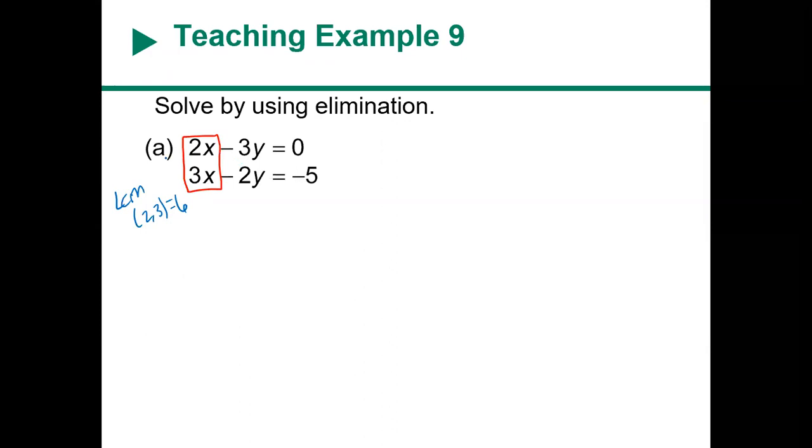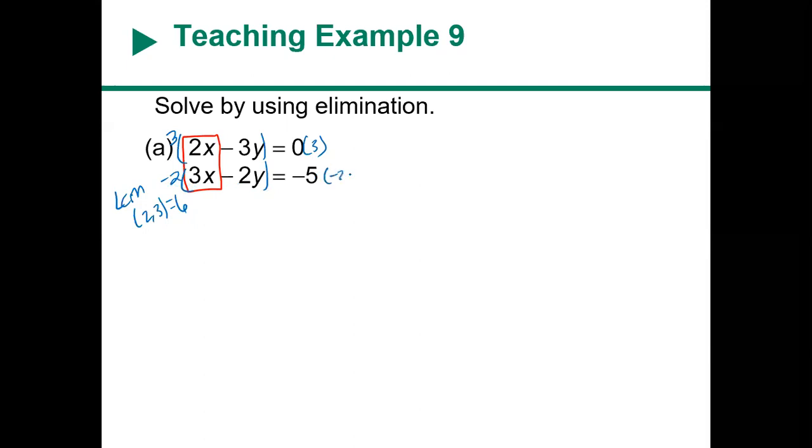Okay? So your goal here is to transform the coefficients for the x's into 6's. So for equation 1, I'm going to have to multiply by 3. And what I do to one side, I have to do to the other. To transform equation 2, I'm going to multiply by 2, but I need it to be negative, so I'm actually going to multiply by negative 2.